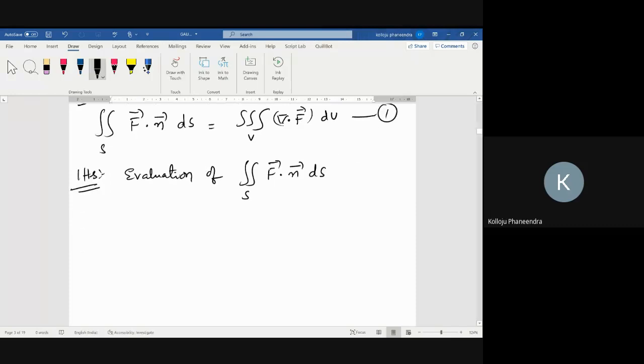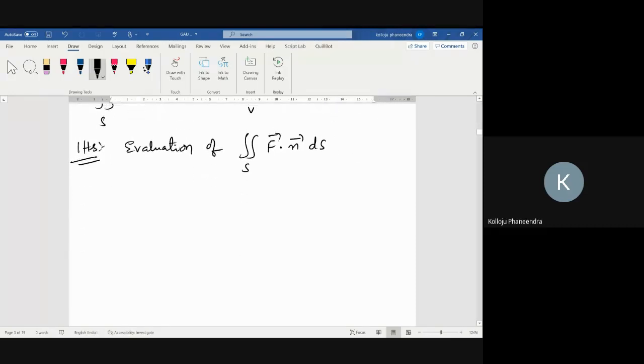Okay. Now, what is the rectangular box? See, this is very important. What is the rectangular box here? Let me draw. Okay, x-axis, y-axis, and z-axis. Let me draw the box.